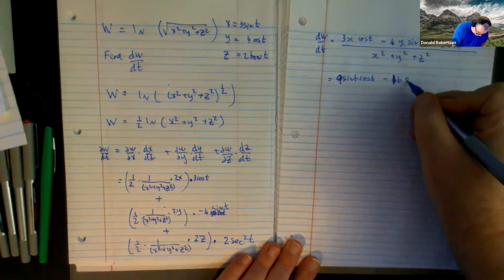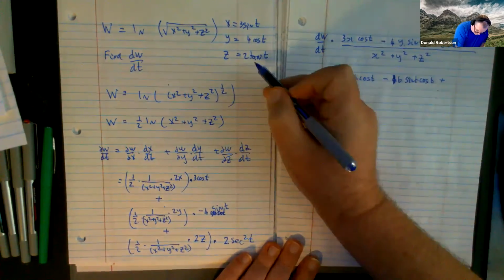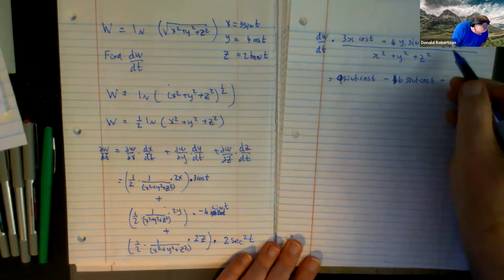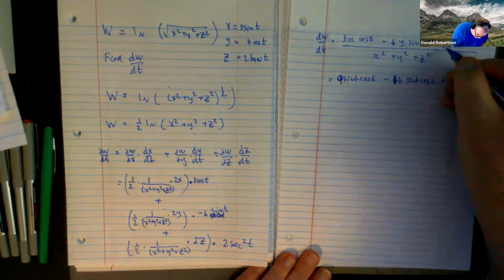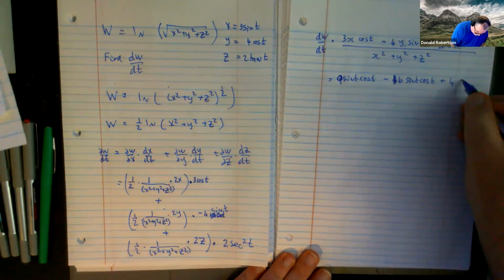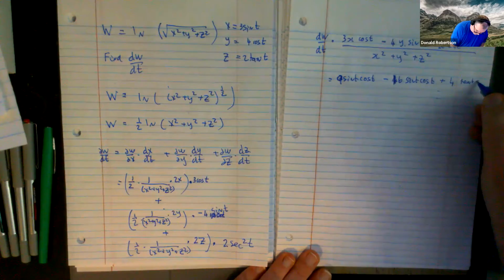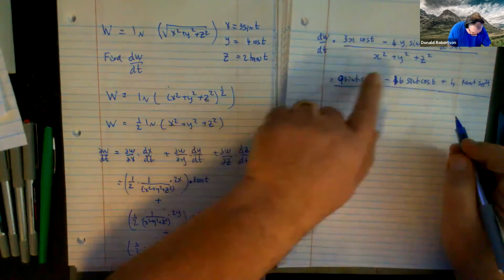Cosine and a sine, so that's sine t cosine t. And there should be a z here, isn't there? And there should be a 2z there. Right, so that's 2 times that. It's going to get me 4 tan t secant squared t all over this guy.